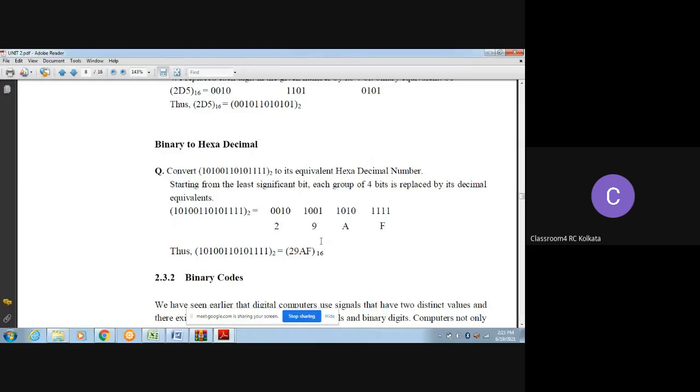Now if you convert it into a decimal number, how can you convert it? First of all, the normal conversion, the decimal equivalent.